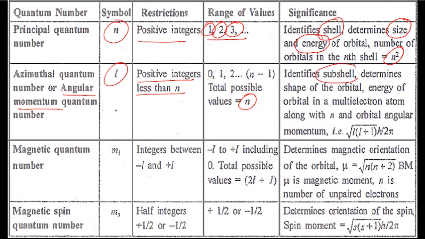It identifies the subshell and determines the shape. Shape means like this or like this, whatever the shape is, and energy of orbitals also to some extent in a multi-electron atom with n. And orbital angular momentum is given by square root of L into L plus 1, h by 2 pi. You need to note down this formula if you are specifically preparing for JEE and NEET.